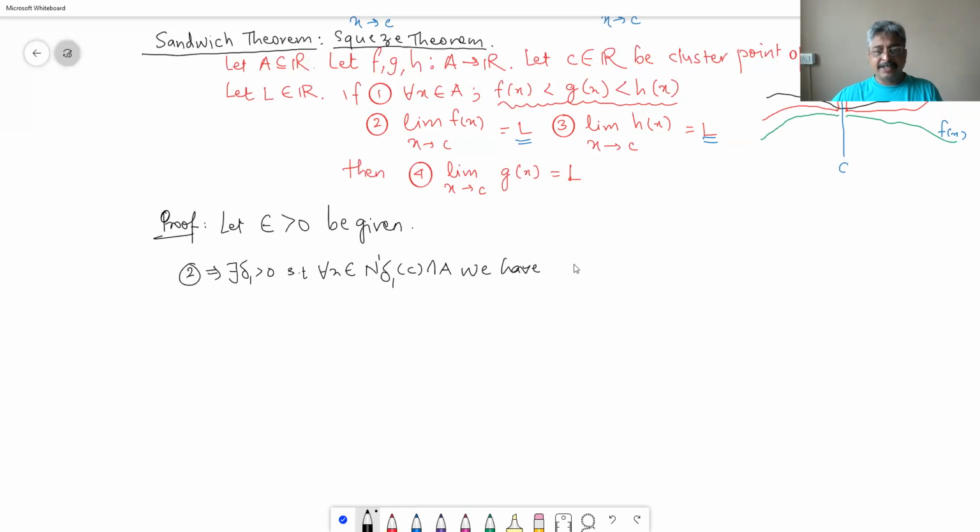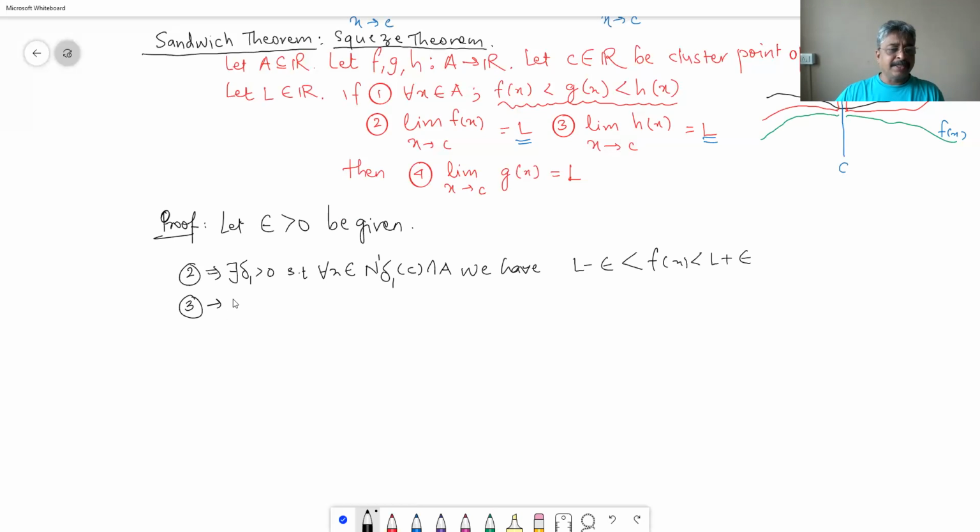So let us write it this time like this: L minus epsilon is less than f of x is less than L plus epsilon. That is the meaning of absolute value of f of x minus L is less than epsilon.